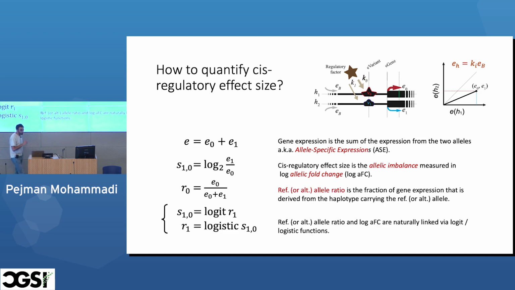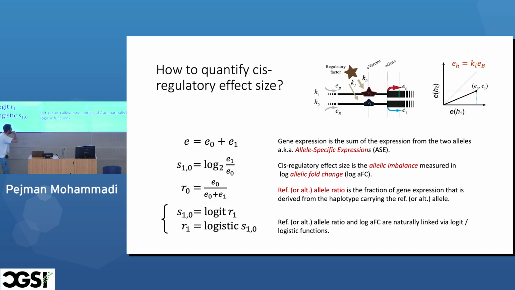And now that we are at it, I'm going to add a couple other names here because it just makes it easier. So then there is the reference or alternative allele ratio, which is the fraction of your gene expression for a given gene that is coming from one of those two alleles. So it's simply, let's say, E0 divided by the sum of them.